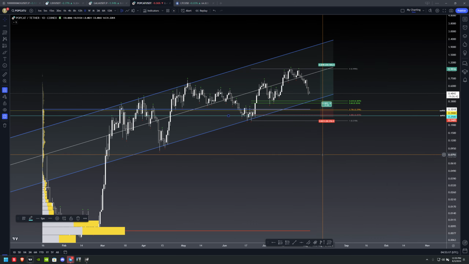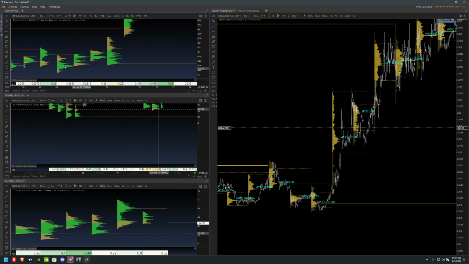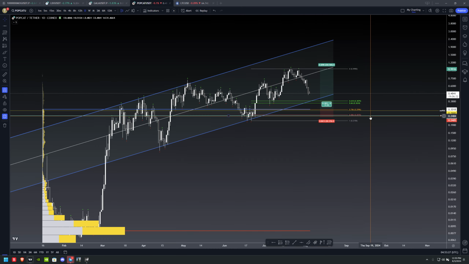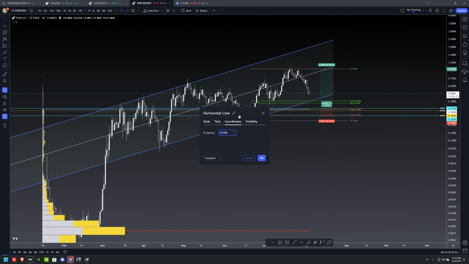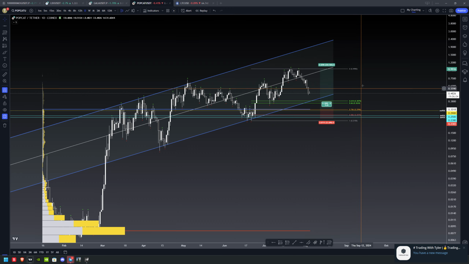It's daily. 0.238. Yeah, still almost, granted, regardless, this would keep the uptrend.